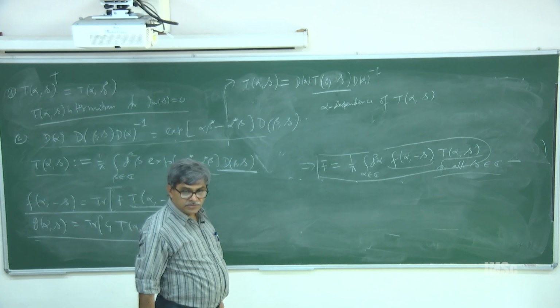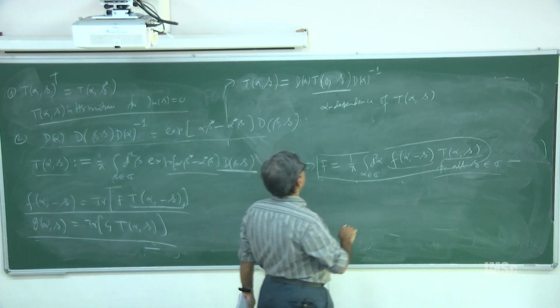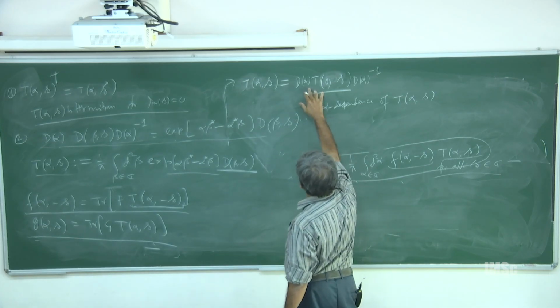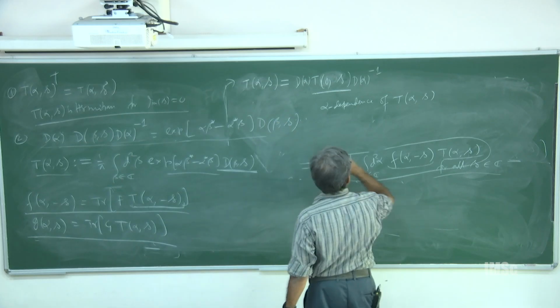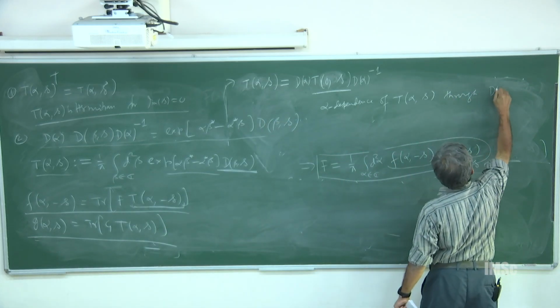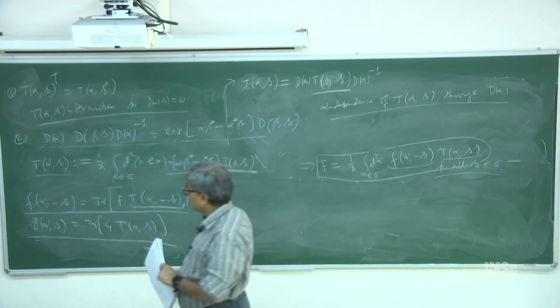If you displace, then the amount of displacement will be reflected in this T of alpha s through d of alpha. So simple.